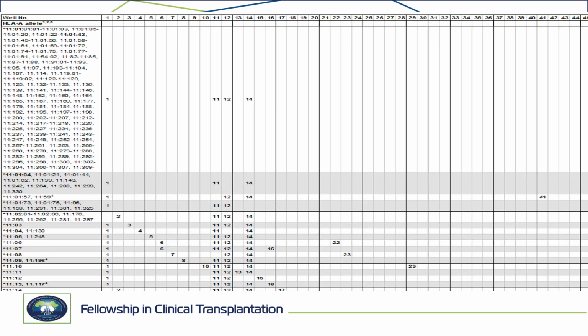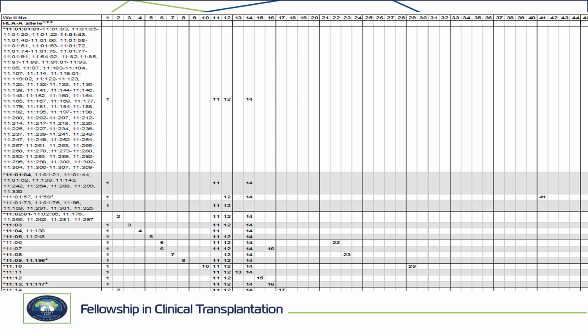So what you see here in this slide is an actual chart that comes with a specific tray. In this example, you can see this is for an HLA-A11 tray. How did I know that this is an HLA-A11 tray?